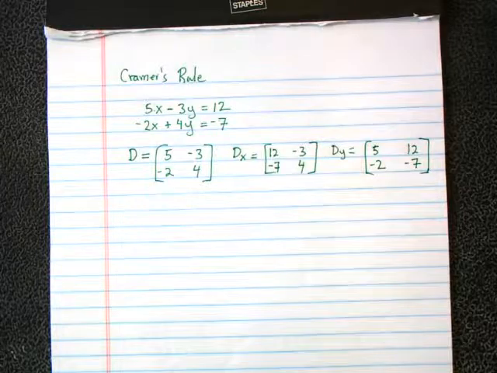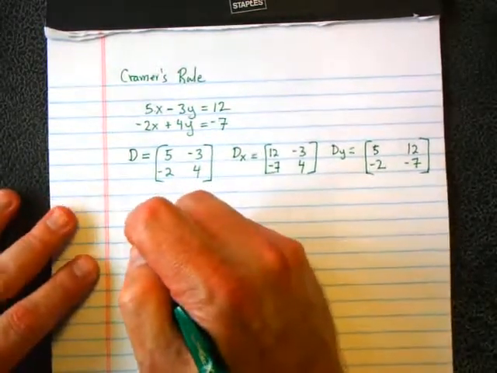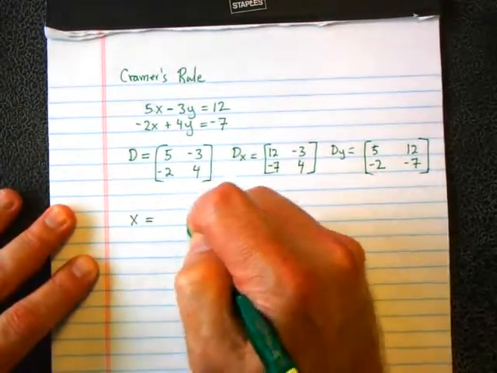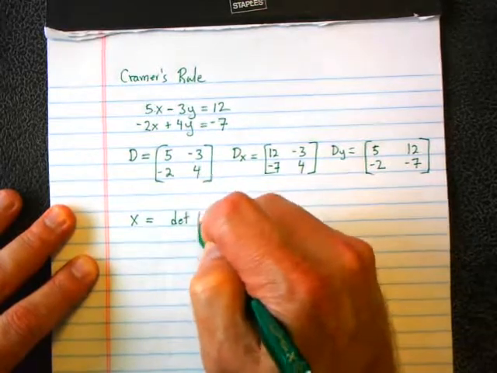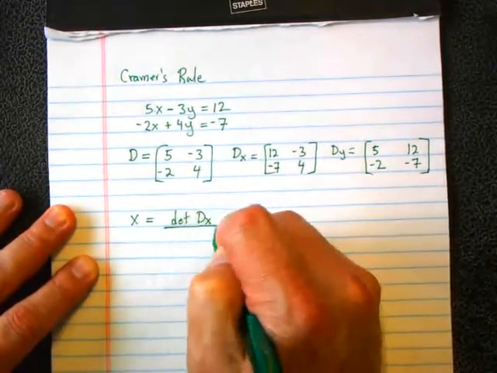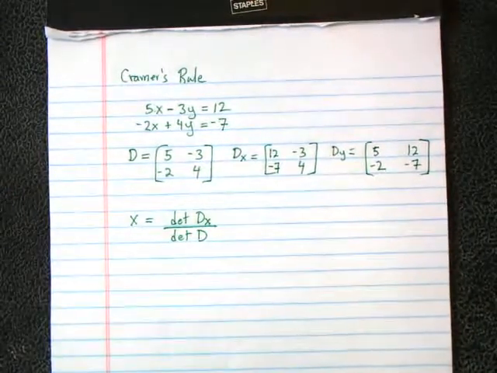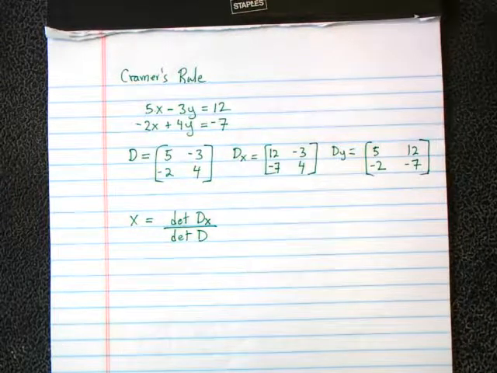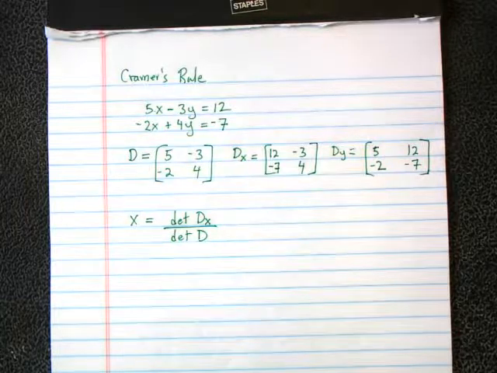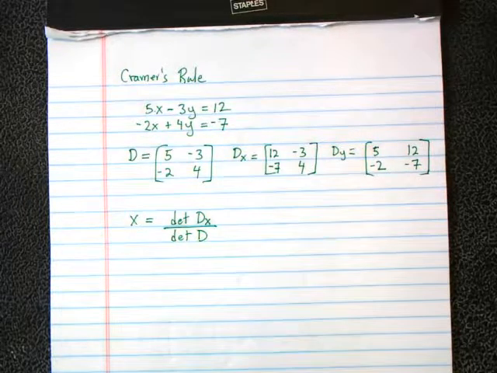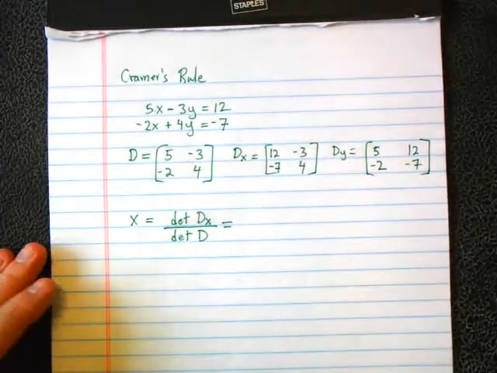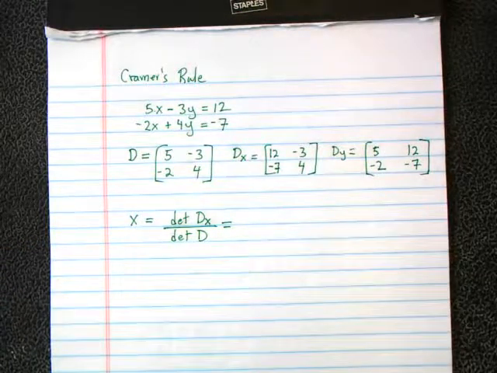Here's the answer. To find x, I take the determinant of the matrix dx and I divide it by the determinant of matrix D. So, what's the determinant of matrix dx?